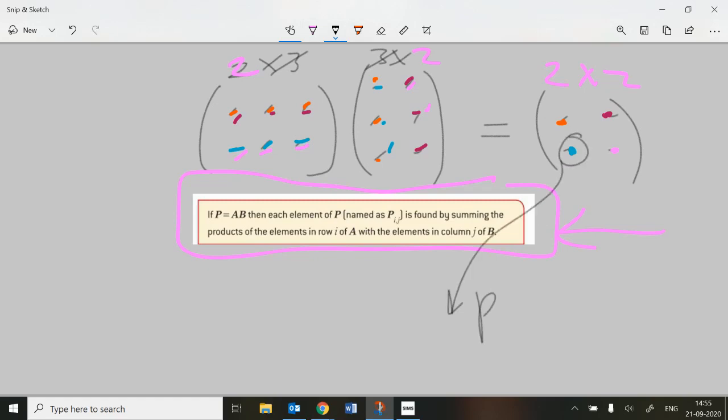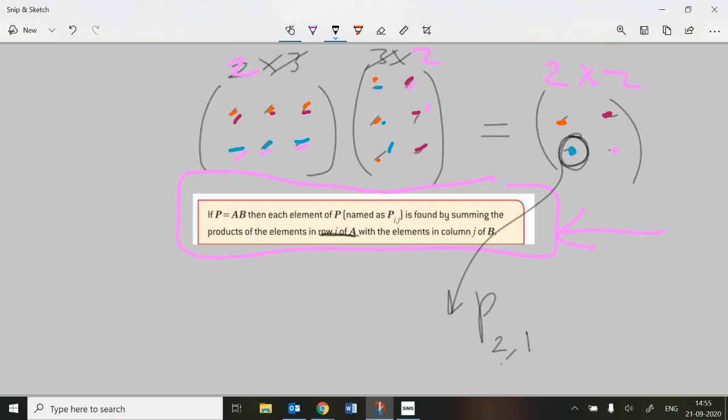So we say that Pij is found by summing the products of the elements of row i in A. Let's just think about what this is. This is P2,1. That's second row, first column. Rows and then columns when we're in matrices. So this blue one comes from summing together the products of each of the elements in row i.